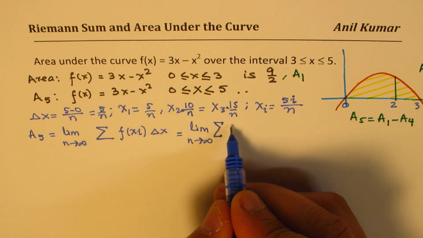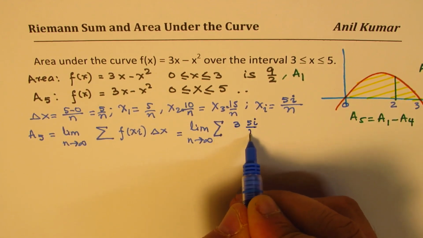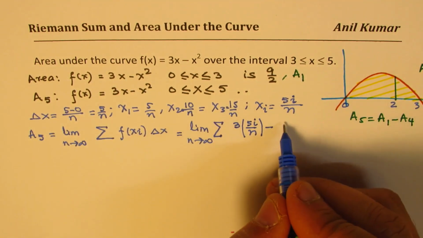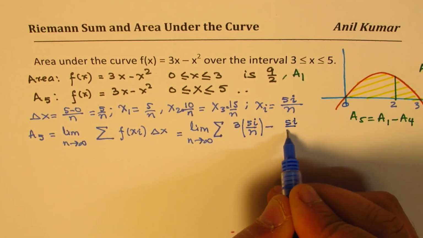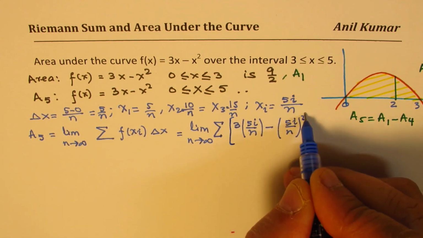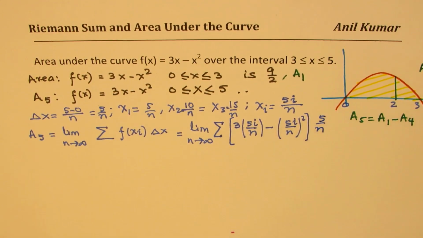So what we'll get here is 3 times 5i over n, minus x squared, which is 5i over n whole squared. Now everything has to be multiplied by delta x, which is 5 over n. There you go. That becomes your formula.